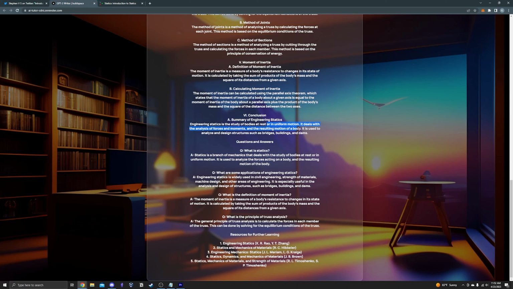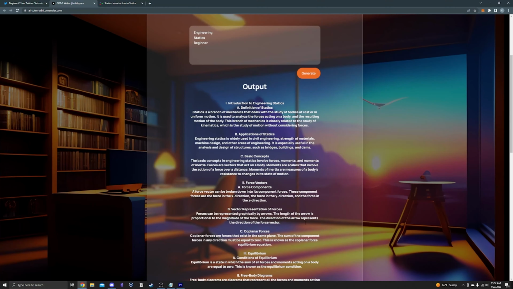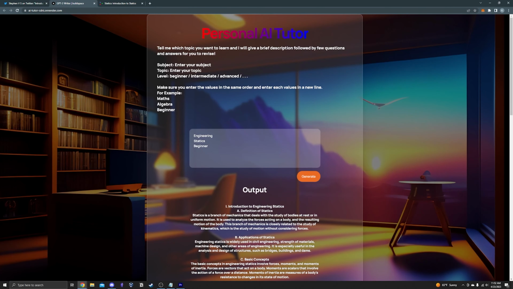I guess these are the key cases. I'm not really sure about that. What is statics? Q&A. Resources for further learning, and then they give you textbooks as resources. Each member of the truss. Yeah. So this is not bad if you're like a complete beginner.